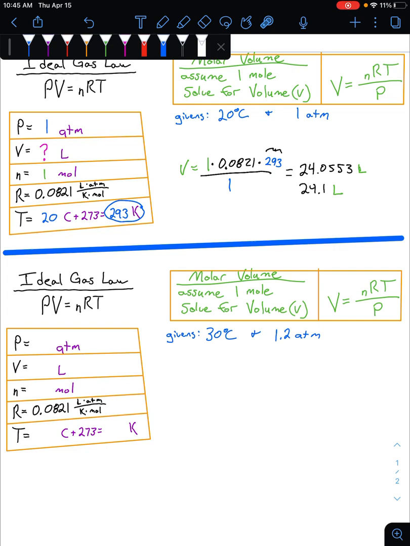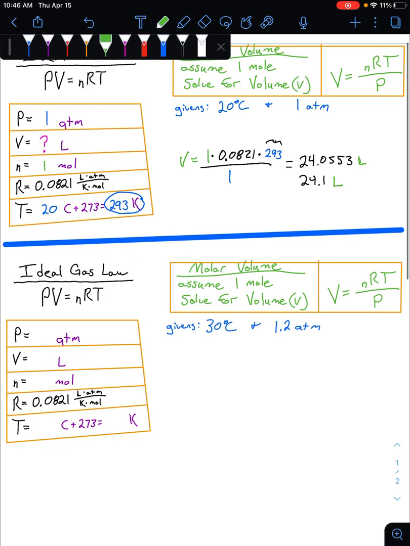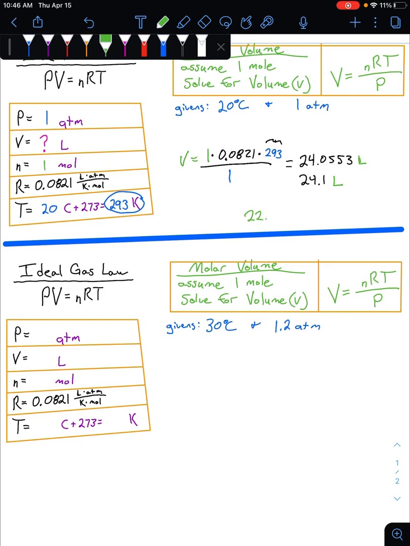Make sure this makes logical sense. The traditional molar volume, the standard one, is 22.4 liters at standard temperature and pressure. This is very close to it. It appears as though we did our math correctly.